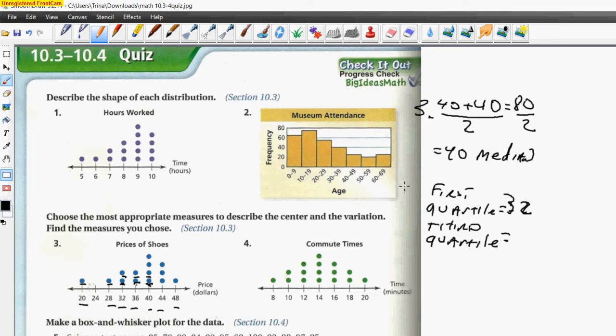So let's basically give a count and see where we're at. We're going to come back over here to my actual numbers. Let's count these dots, starting from the furthest from the median on the right side.